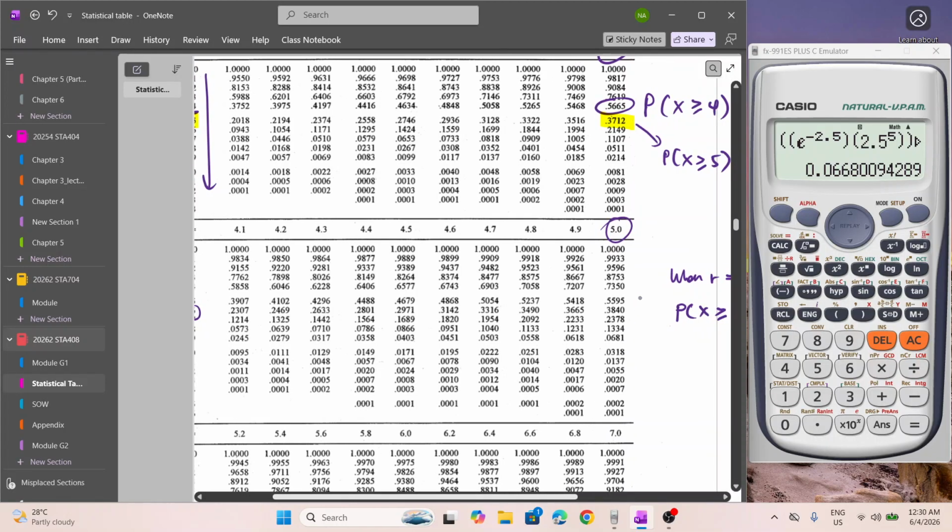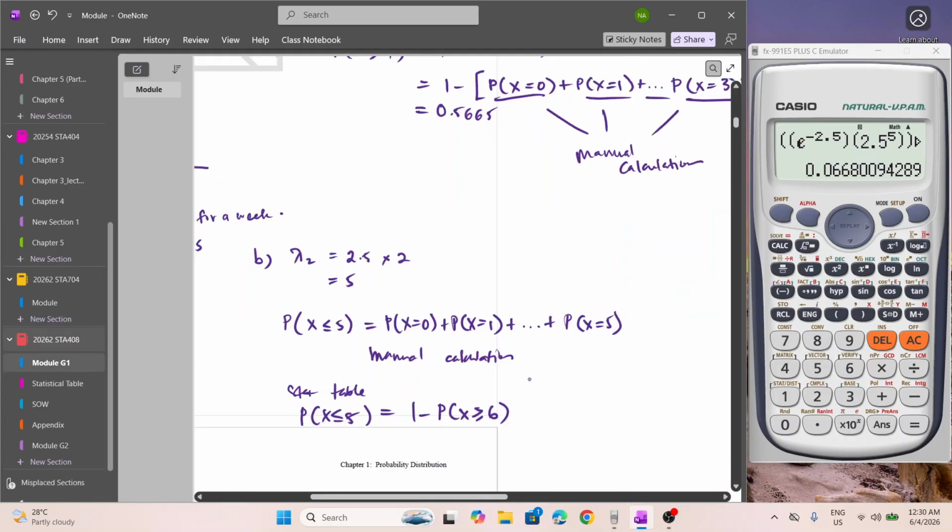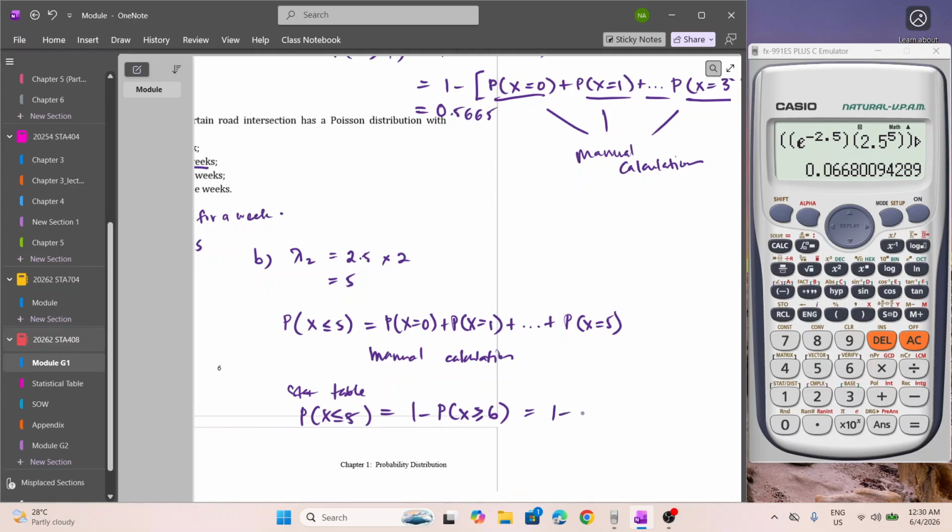So which one? It is 0.3840. This is the value. Now let's go back to the module. So this is equal to 1 minus 0. What was it?